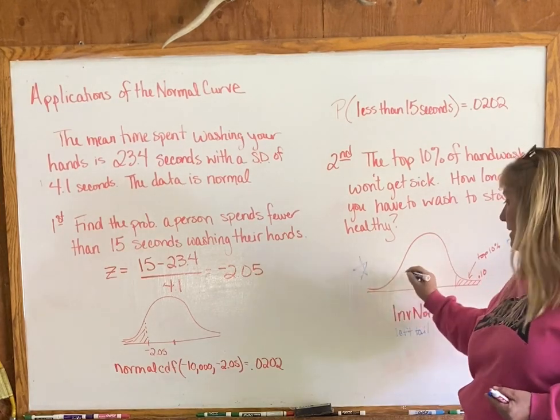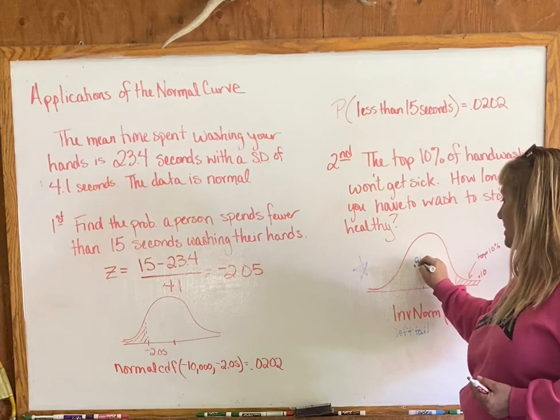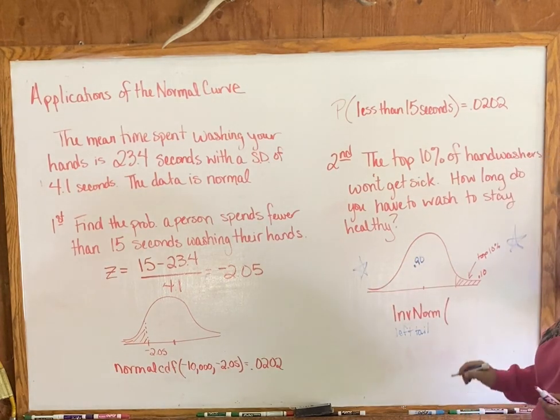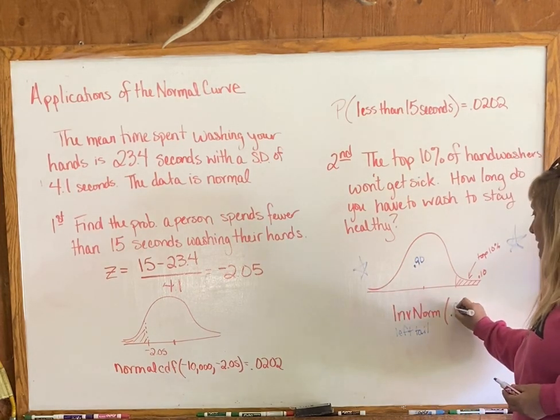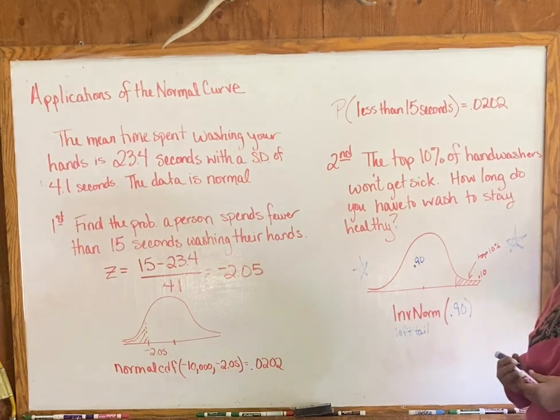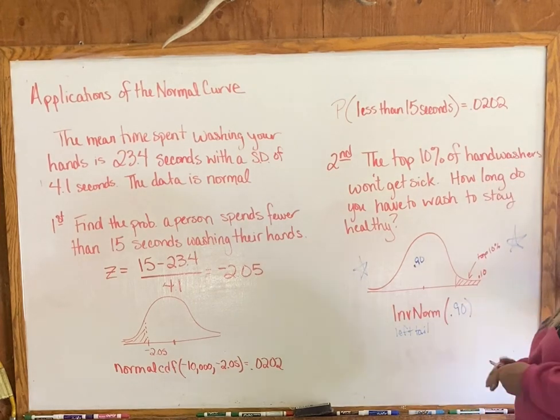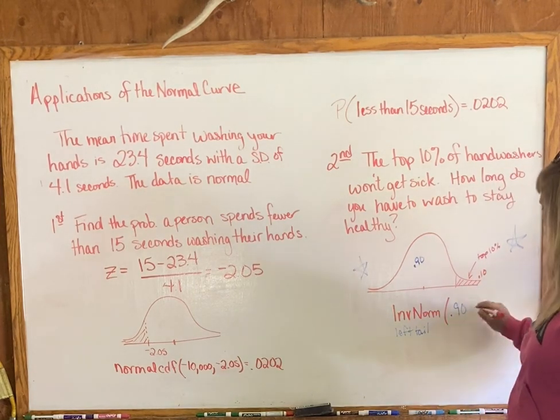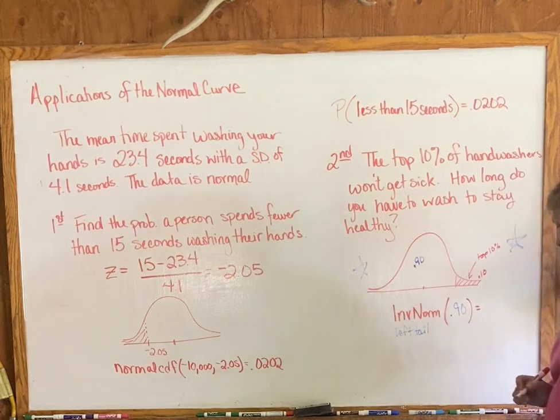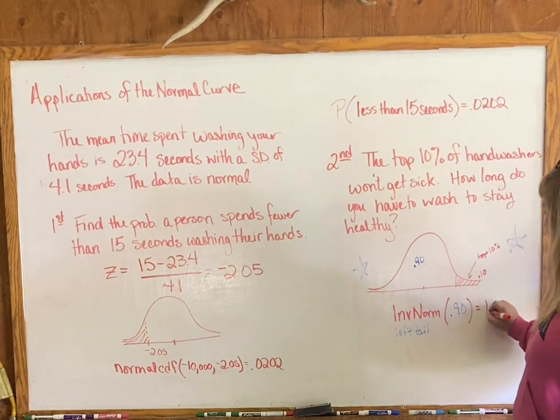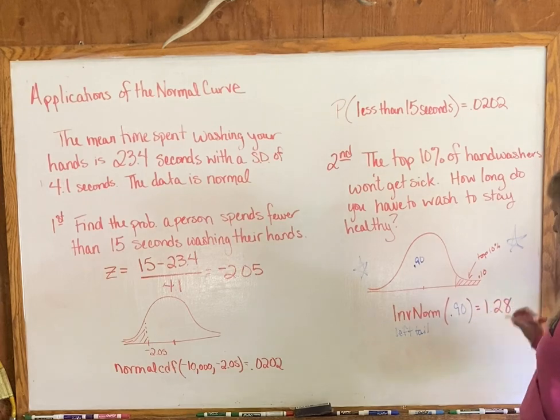What's the complement? Wouldn't that be 90% or 0.90? So I need you to plug in 0.90 to get the correct answer. So don't plug in 10 or 0.10, plug in 0.90. And if you do that, we should get a positive 1.28.